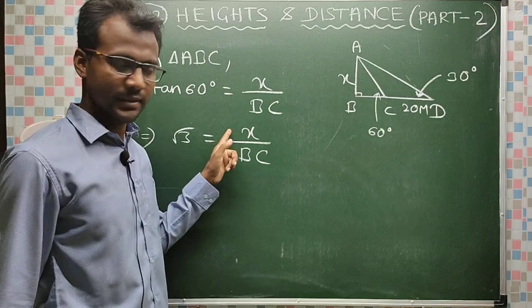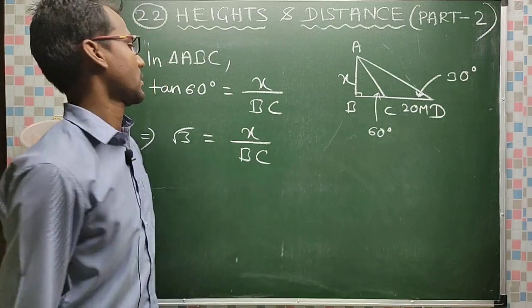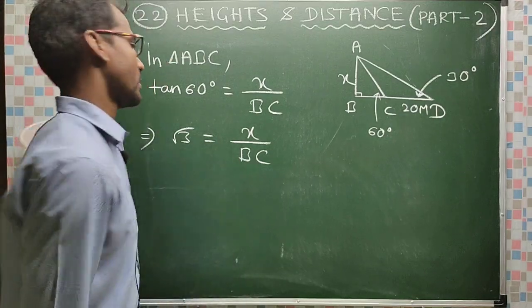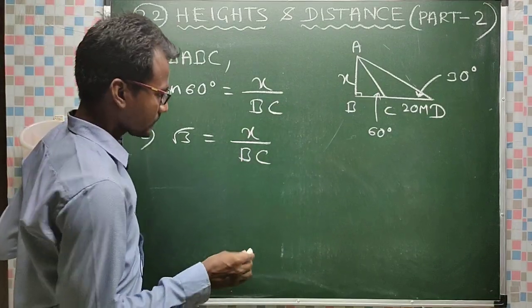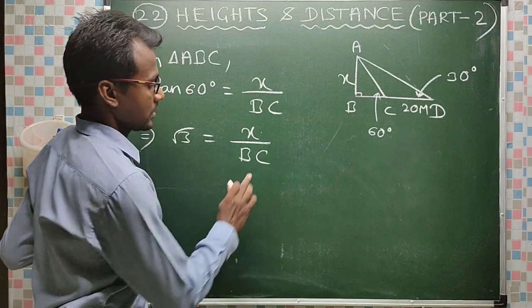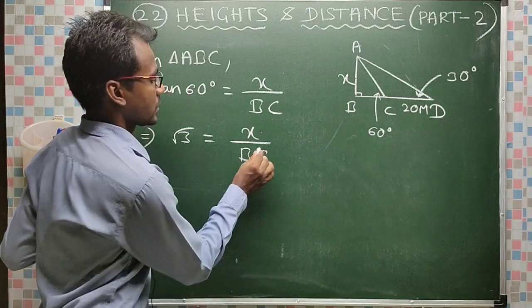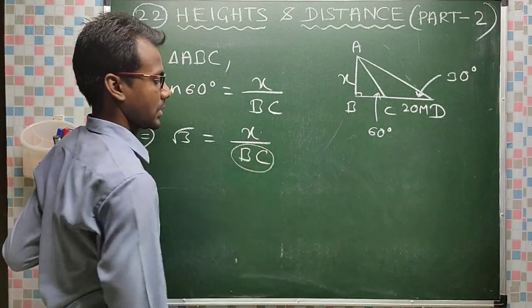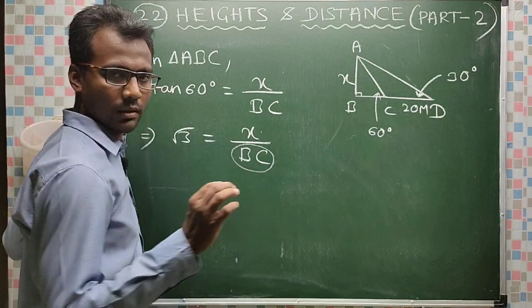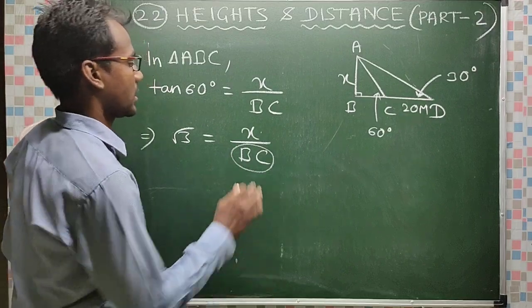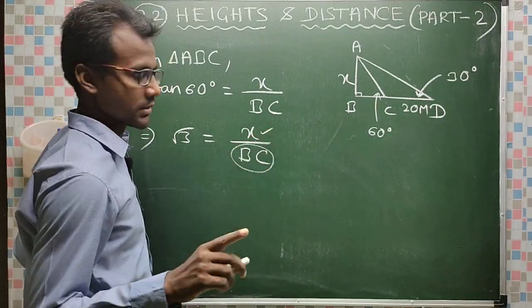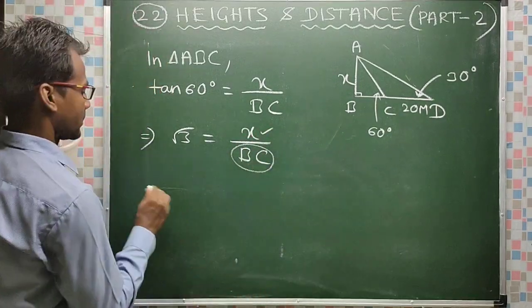We don't know the value of x, we don't know the value of BC, so there are two unknowns here. Remember, in such questions, x we have to find, BC we don't need to find. So make BC the subject. Remember, the value that you have to find, do not make it the subject.